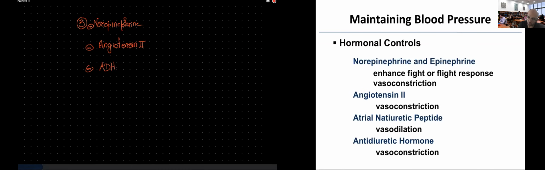All of them cause an increase in the blood pressure by different means. The common means by which all of them increase the blood pressure is by constriction of the arterioles, performing a vasoconstriction.